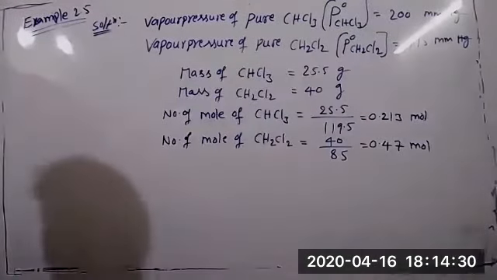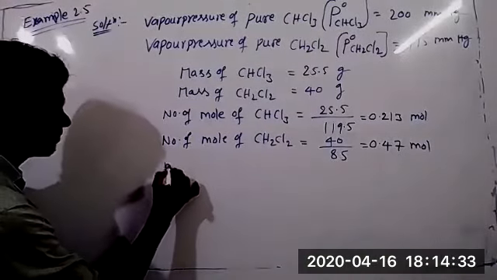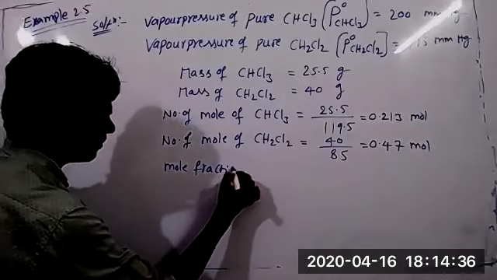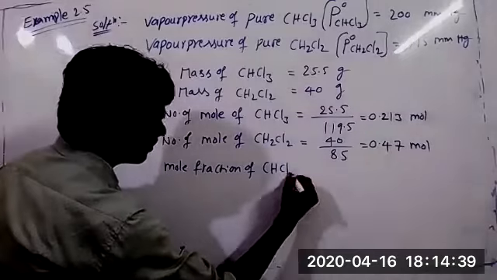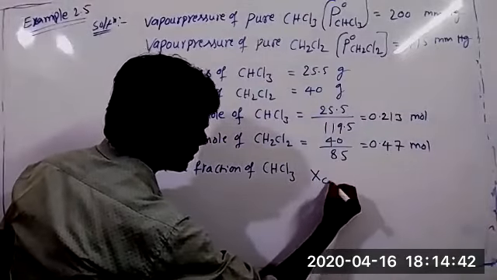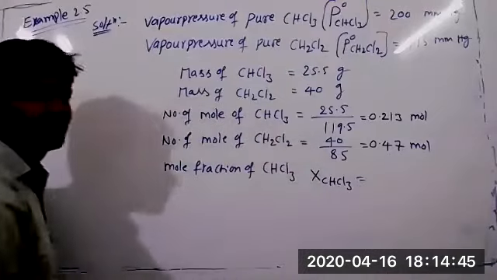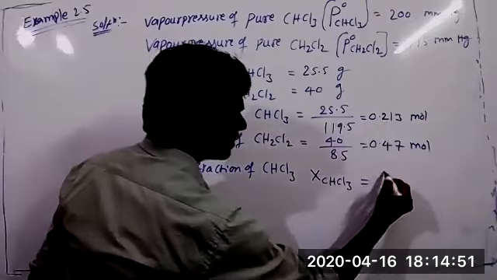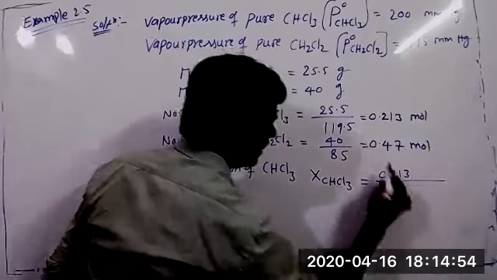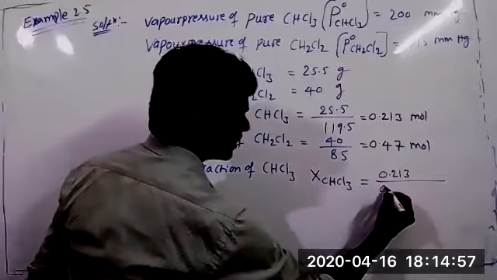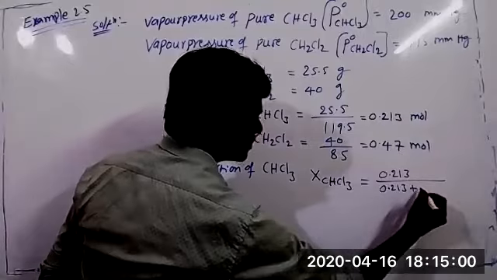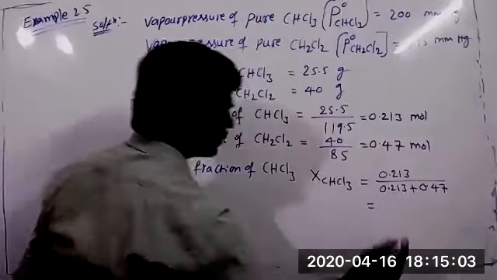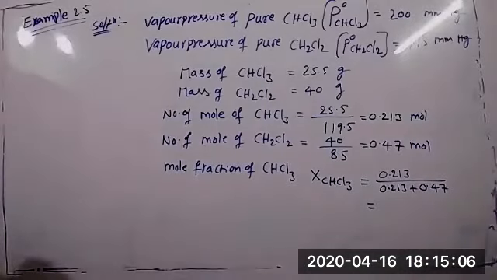Next, mole fraction of chloroform. X CHCl3 is equal to number of moles of chloroform 0.213 divided by total moles, 0.213 plus 0.47, that is 0.683. Final value, mole fraction is 0.312.